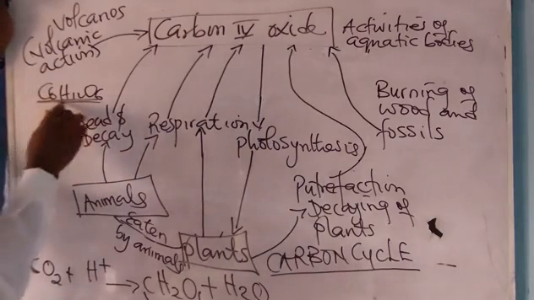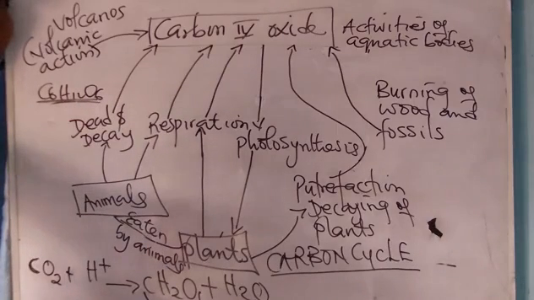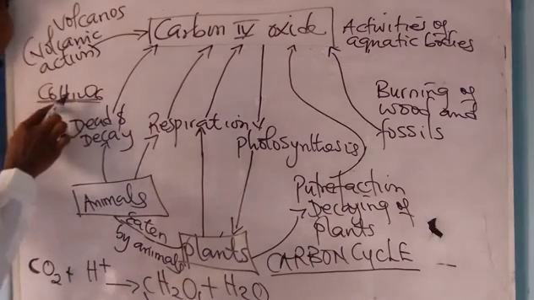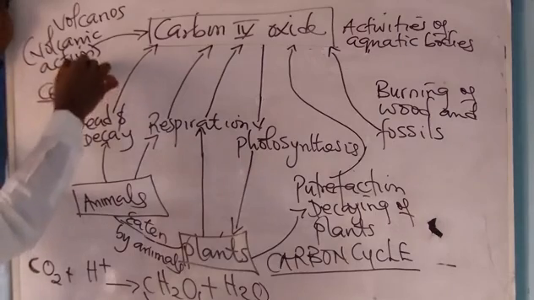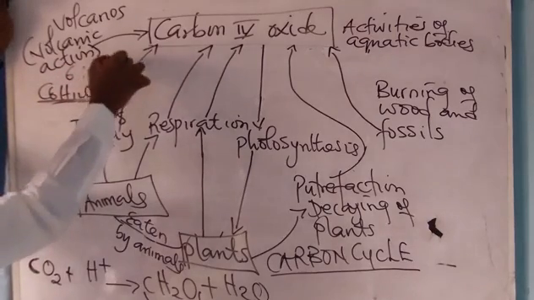The monomers of glucose, you can call it sugar, because sugar is in the ratio of 1 to 2 to 1, but glucose is 6 to 12 to 6.